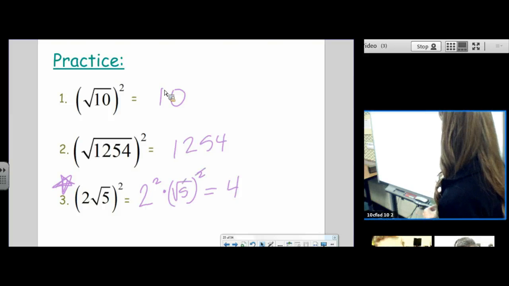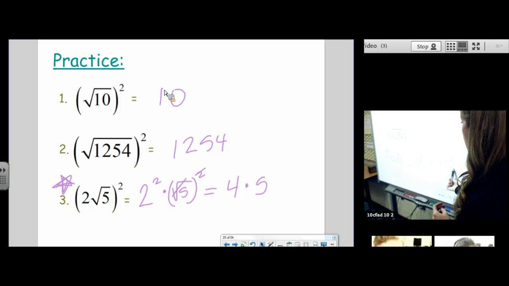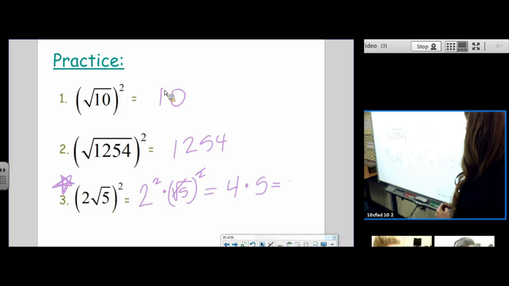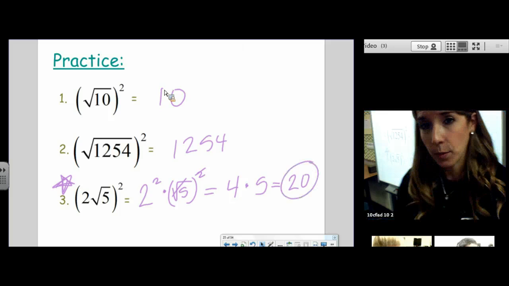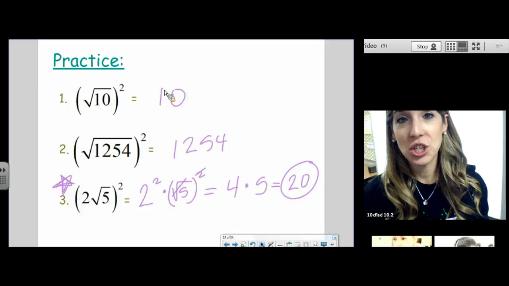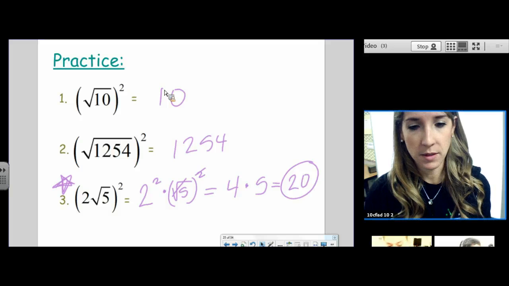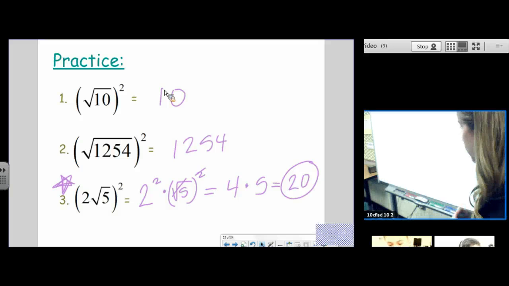Oh, we went over that 10 times. It's 5. 4 times 5. So the final answer to number 3 is 20. The reason why that one's different is because there was a coefficient. There was a 2 in front of the square root 5, so it made that a totally different problem. Hope you're okay with that. 4 times 5 is 20.